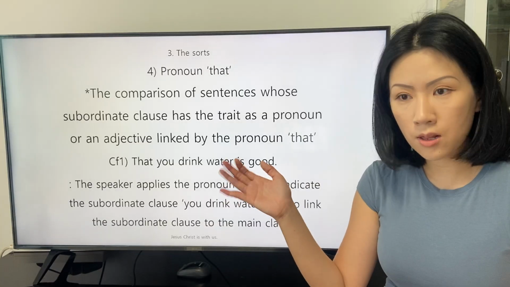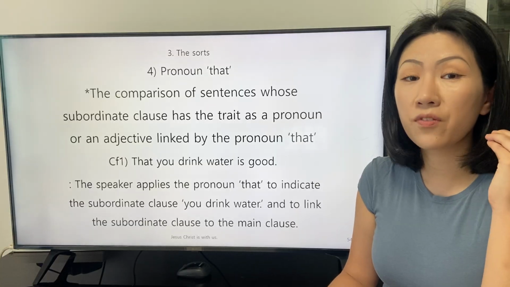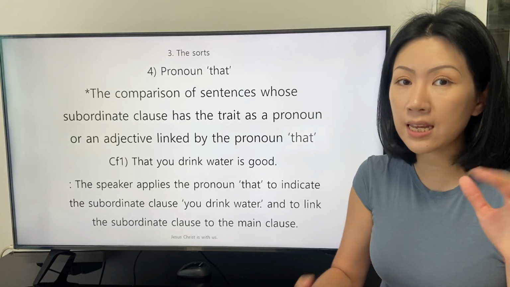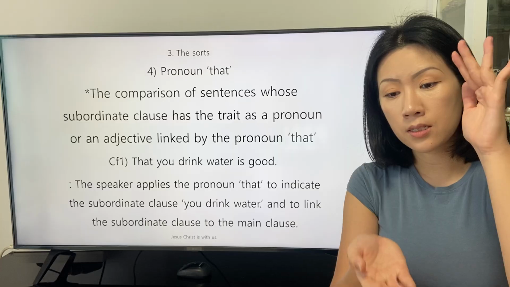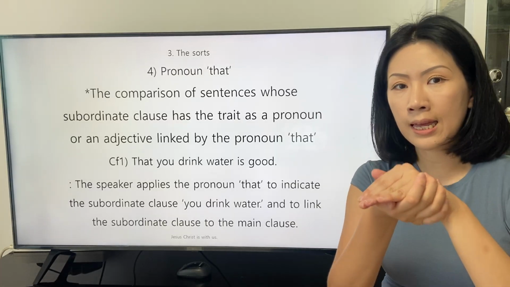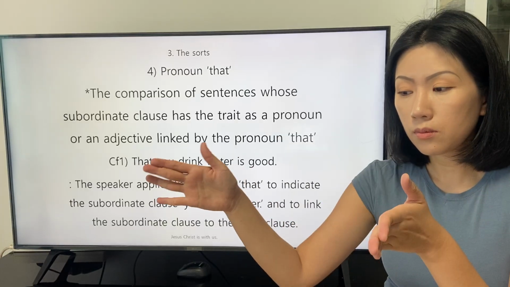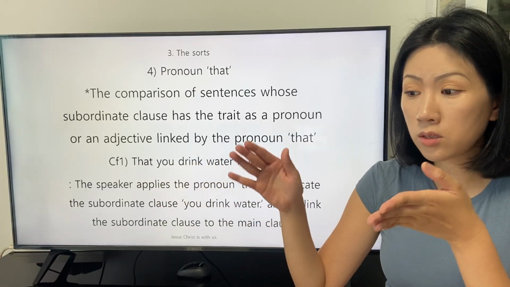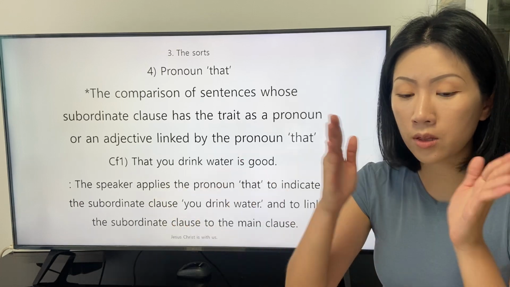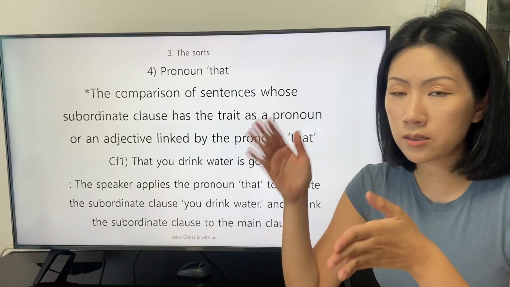In this sentence, the speaker states the object of the transitive verb think in the main clause as the pronoun that, and the speaker states a subordinate clause after the pronoun, this umbrella is awesome.